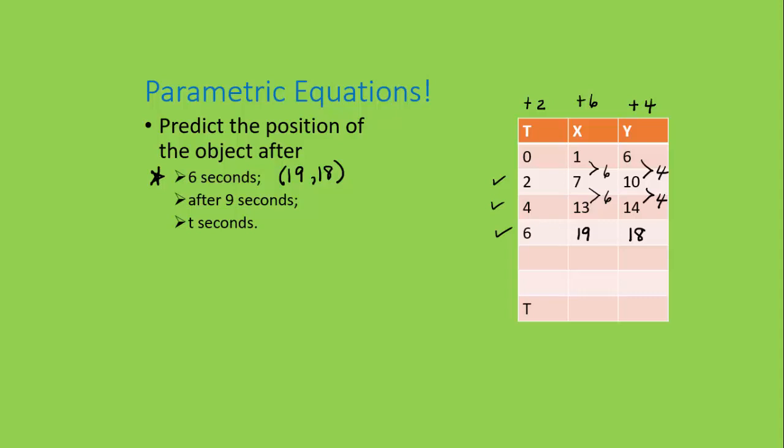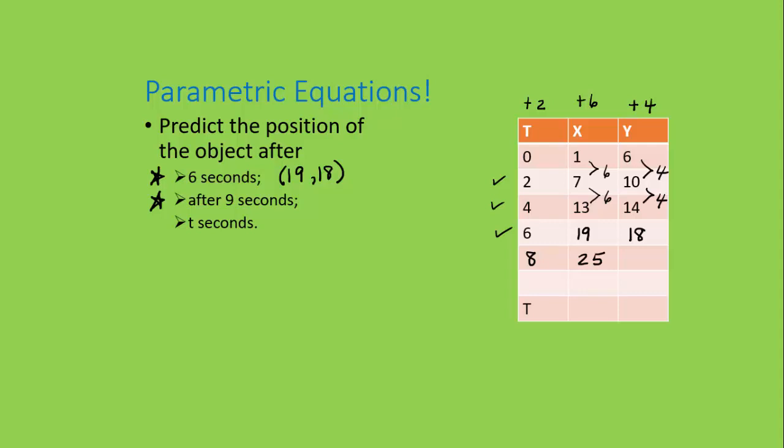Okay, now we want to figure out where this moving object would be after 9 seconds. This is a little more complicated because that's not an even number. But let's just keep increasing our chart and see what we can figure out. In 2 more seconds, we're at 8 seconds total. If I increase x by 6, I get 25.